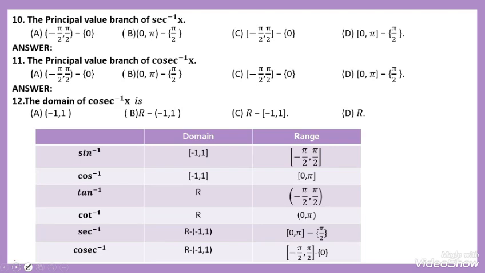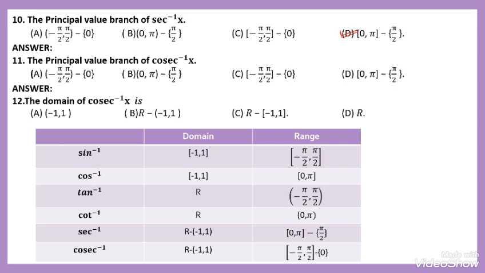Then question number 10, the principal value. Already I said the principal value and range are both the same.